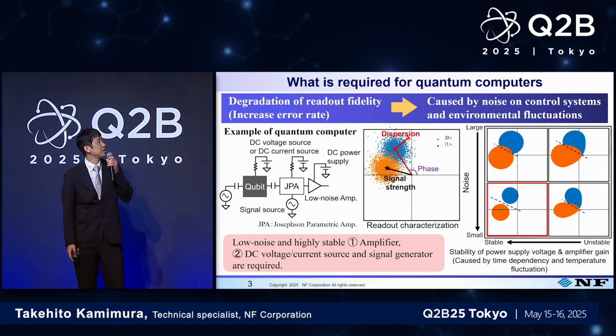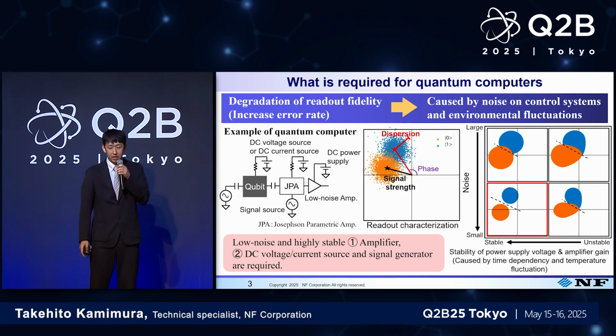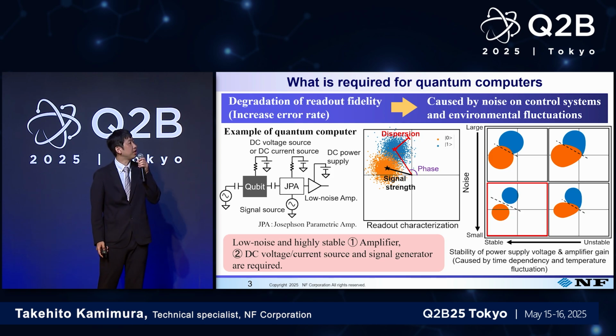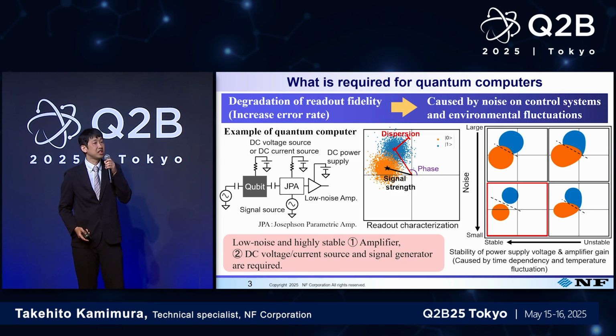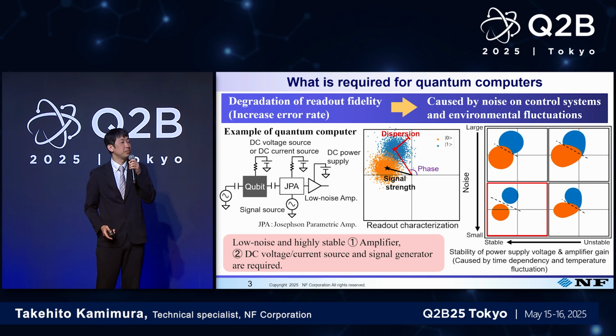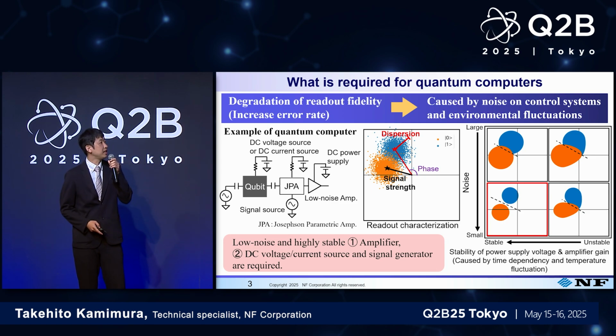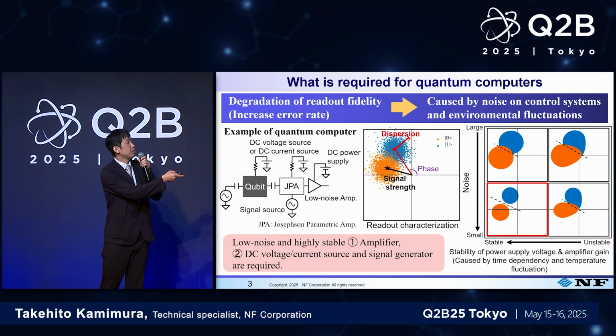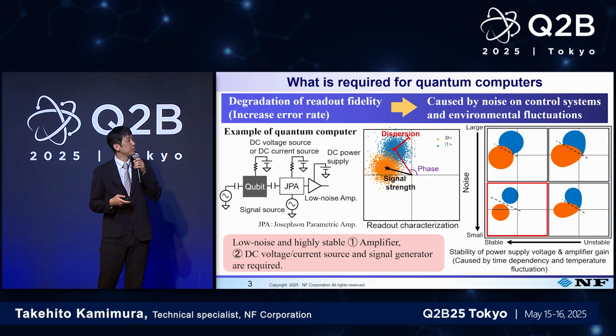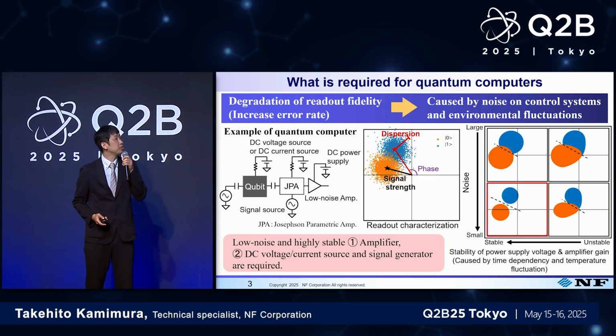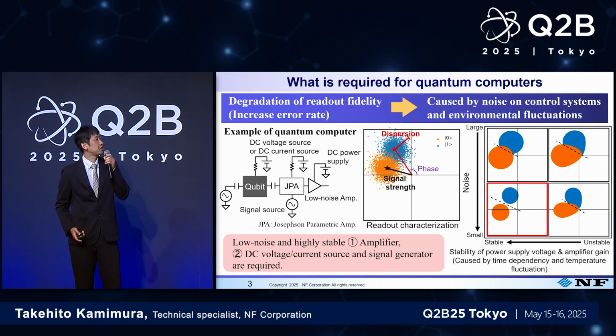If you look at the right-hand side, against the readout fidelity, there are interactions of noise, amplifier gain, and power supply voltage. When the noise is high, the signal intensity and also phase vary, and therefore there are problems. And due to power supply voltage and amplifier gain changes, the distribution shapes of 0 and 1 change, and the distribution itself may expand.